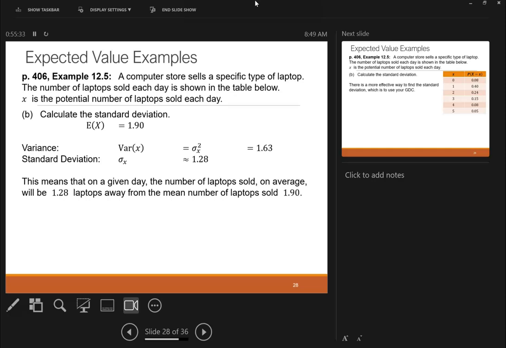So I might sell as many as 1.9 plus 1.28 laptops, or as few as 1.9 minus 1.28 laptops. And it's too early for me to do the mental math to add those things together this time of day.